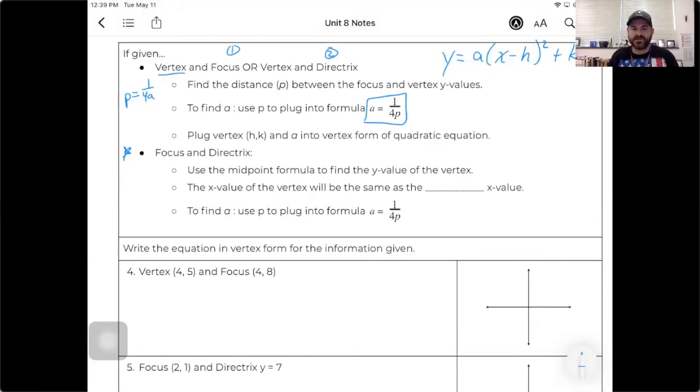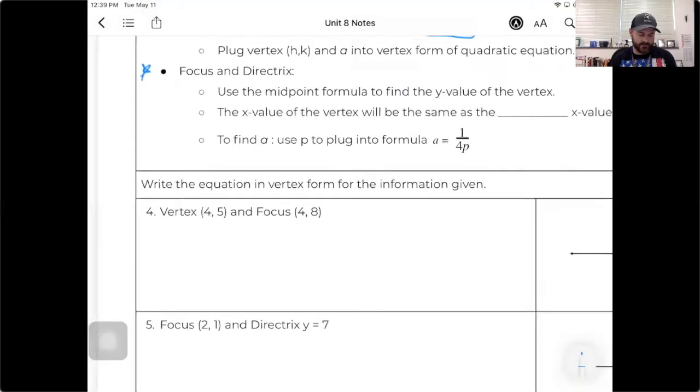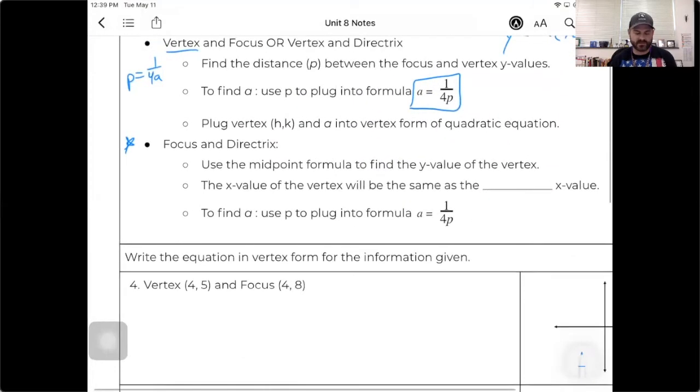This time we have to look at what the distance is between the focus and the vertex y values, or between the directrix and the vertex y values. So we're going to do that, and then we're going to plug in our coordinates from our vertex and write the equation. So we'll come back to this other part, focus and directrix, after we've done an example.